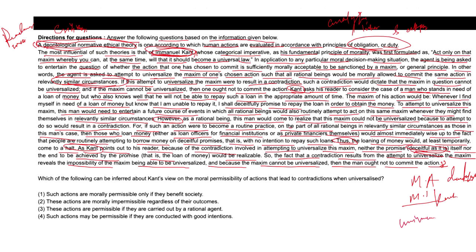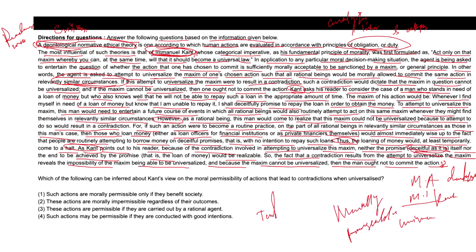So the passage uses the example of deceitfully promising to repay a loan to illustrate how the universalization of such a maxim leads to logical contradiction, demonstrating that such an action cannot be considered morally permissible.